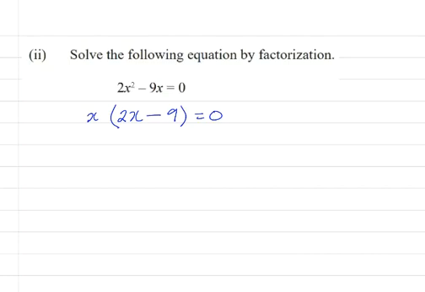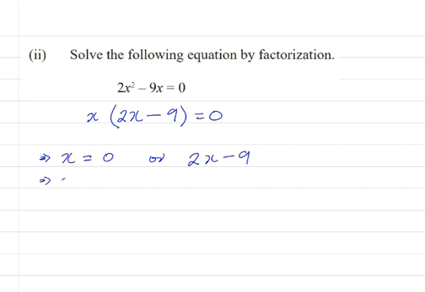Whenever you're multiplying two numbers and you're getting 0, it is either the first number that is 0 or the second number that is 0.